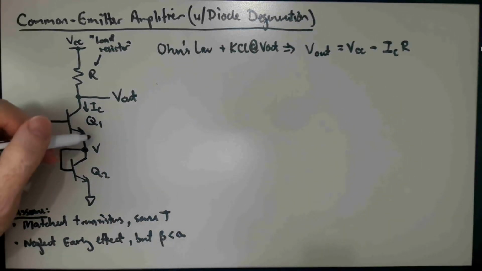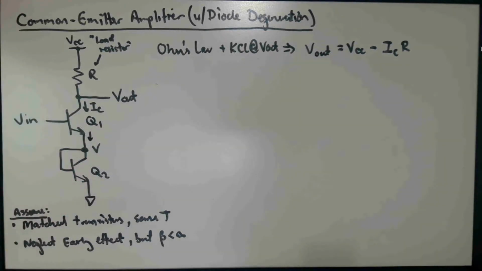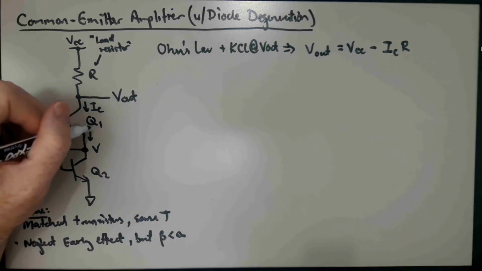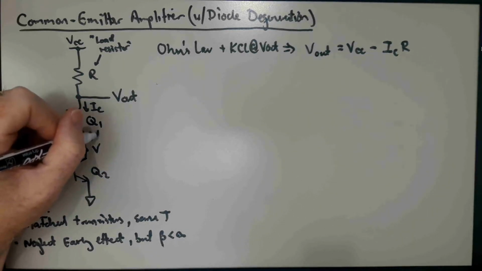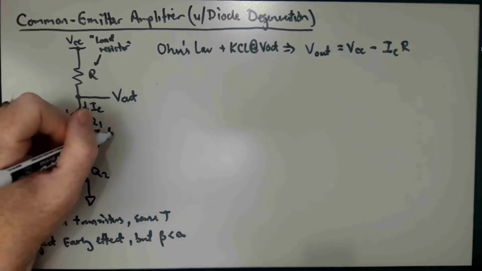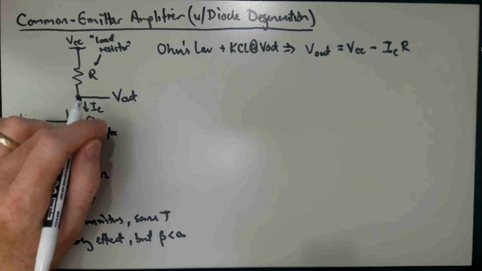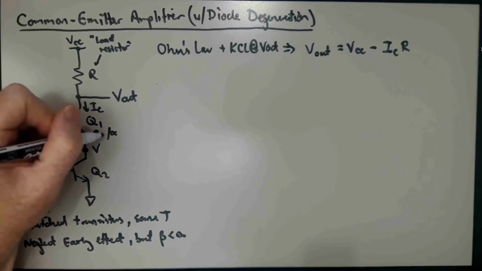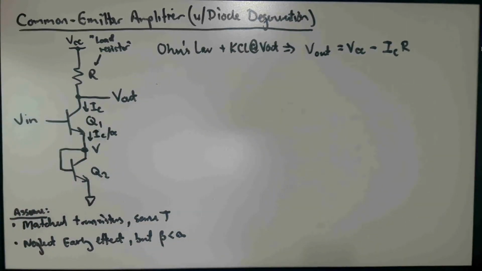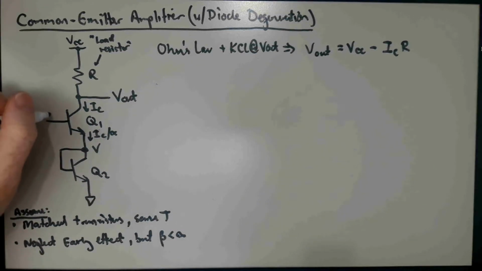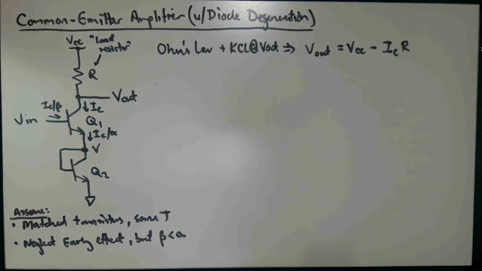We know that the collector current is going to be related to the emitter current through alpha. Okay, with a finite beta, we know that IC over alpha is the emitter current. And also IC over beta would be the input current.